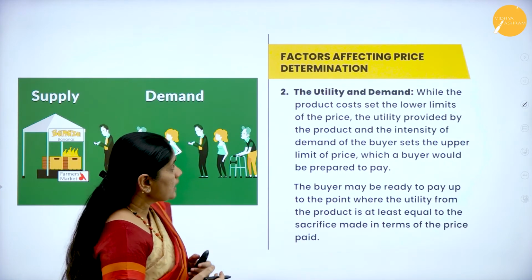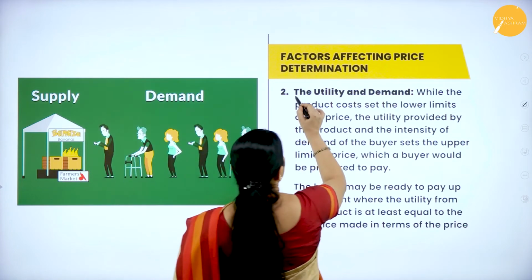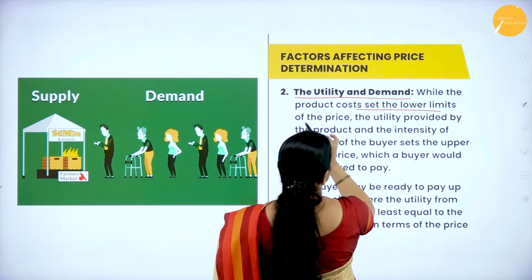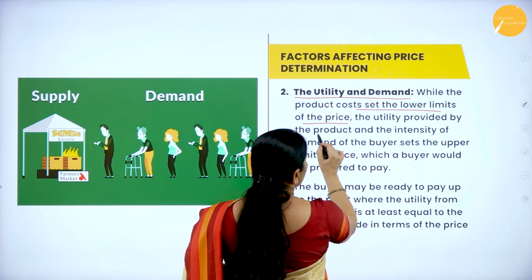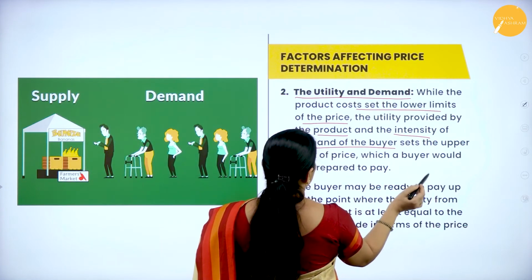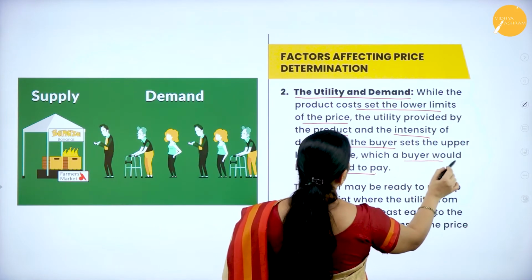Then, the next factor affecting the price determination is the utility and demand. While the product cost sets the lower limit of the price, the utility provided by the product and the intensity of the demand of the buyer set the upper limit of the price which the buyer is prepared to pay.